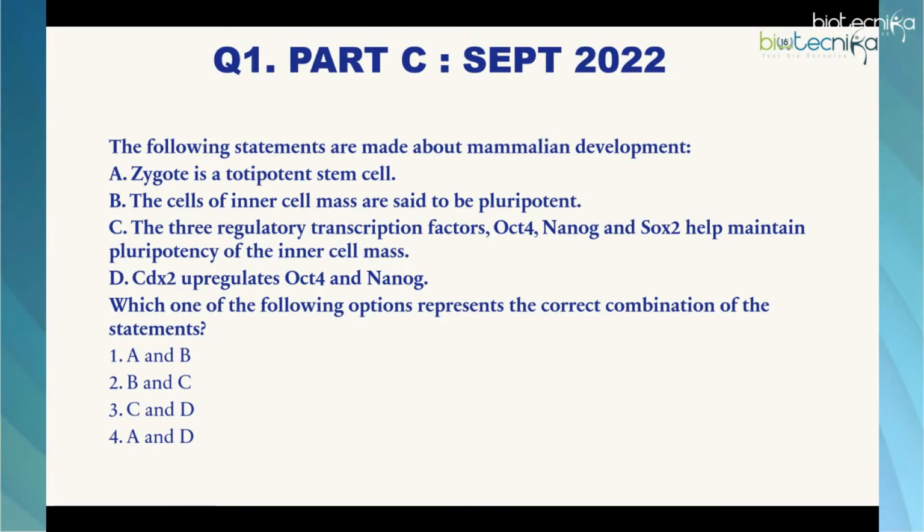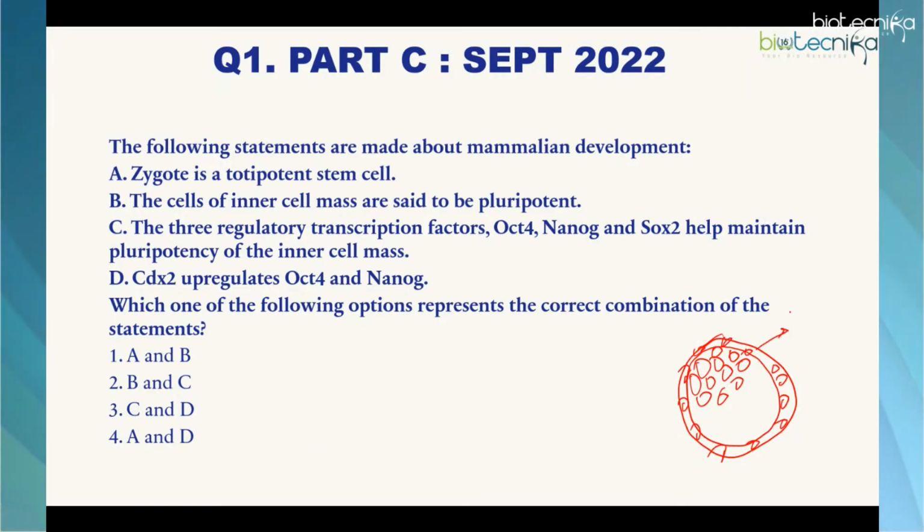Now, last class I had mentioned to you that there are some specific factors which are expressed in the mammalian embryo when it is in the blastula form called blastocyst. In the mammalian blastocyst, you have some inner cell mass cells, and then there are some cells present on the periphery.